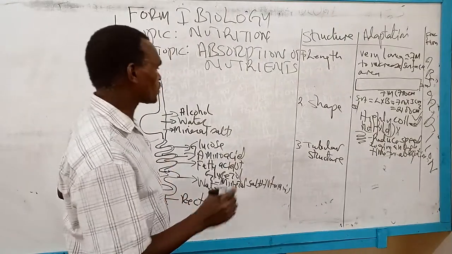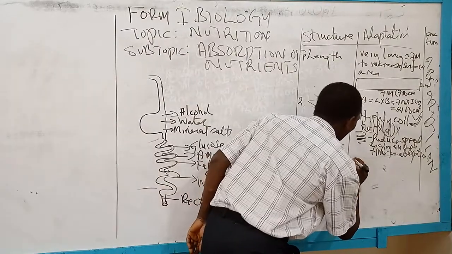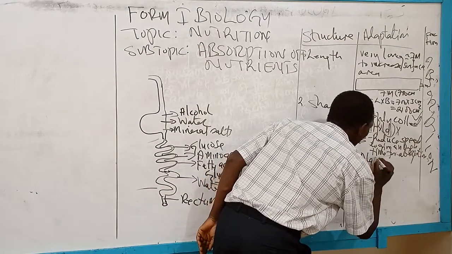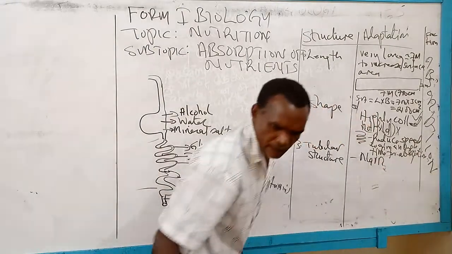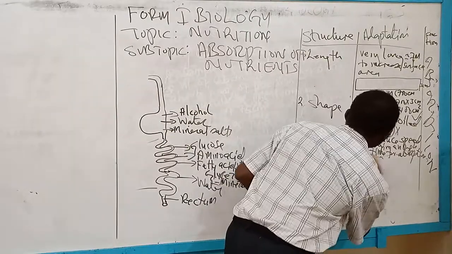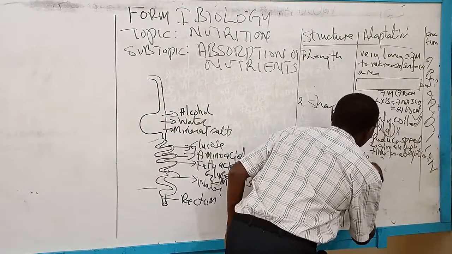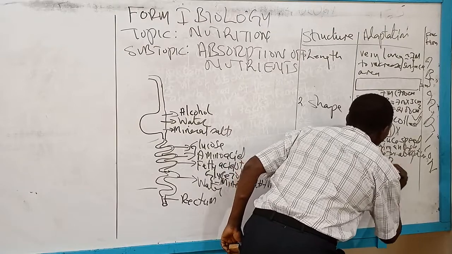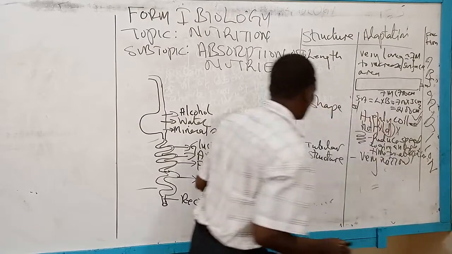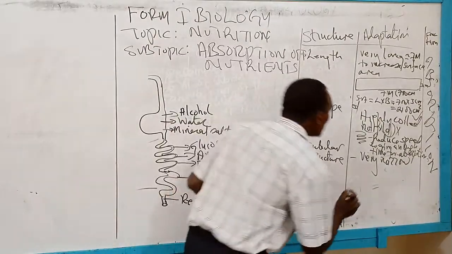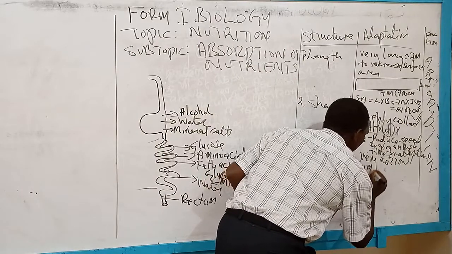What is the importance of this? It is narrow. There's a very narrow. Let me emphasize this. Very narrow. We don't call it tube. We call it lumen. Very narrow lumen.